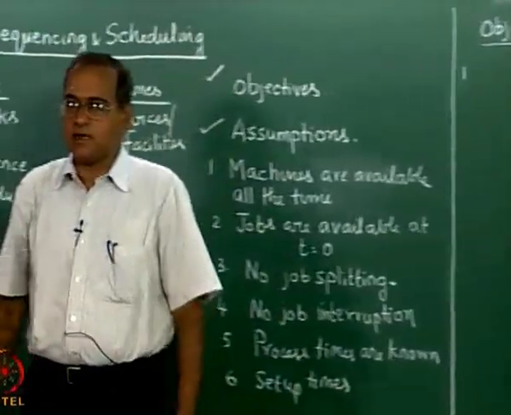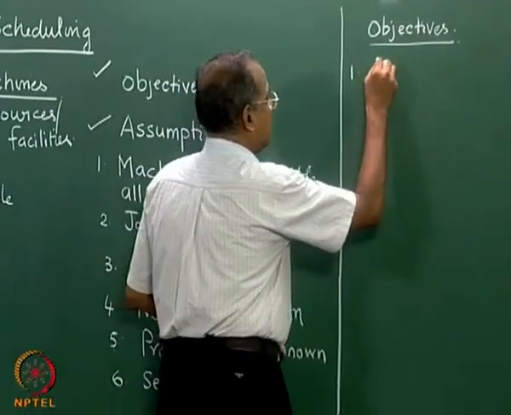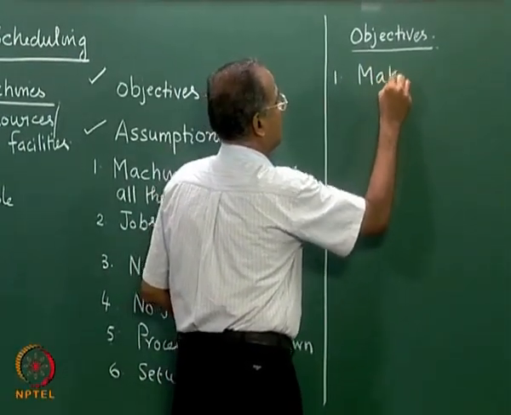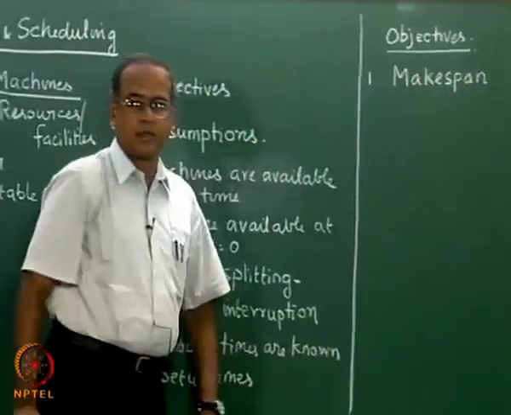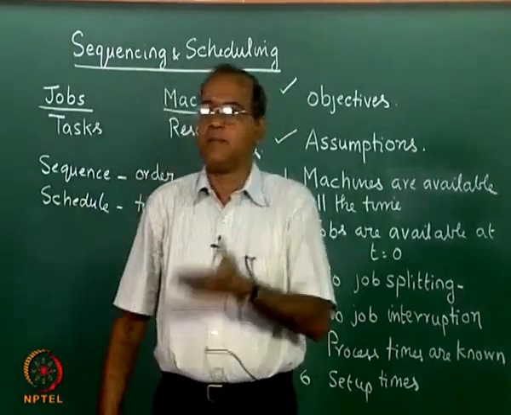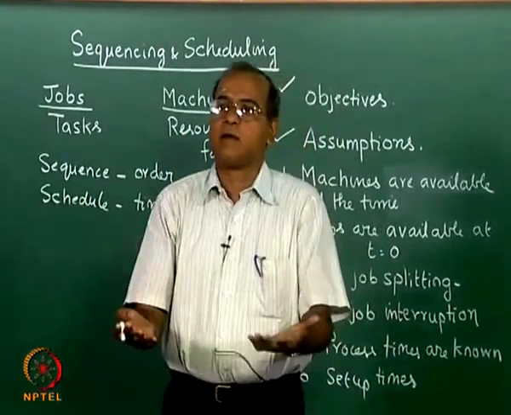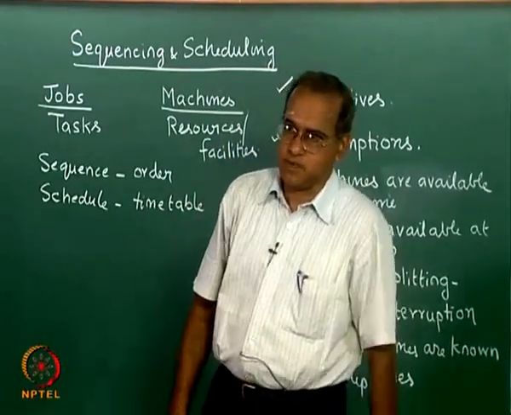Now, the first objective and the most popular objective that we will be looking at is called makespan. In simple terms, makespan represents the span of time that is required to make a set of jobs, or to process or manufacture a set of jobs.